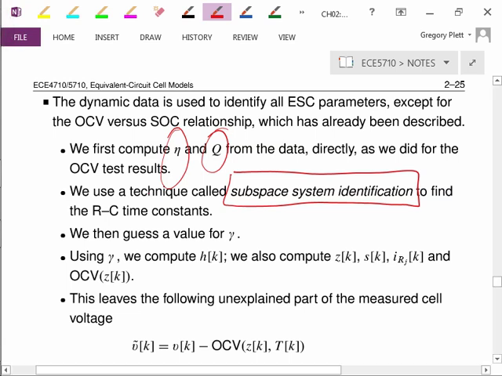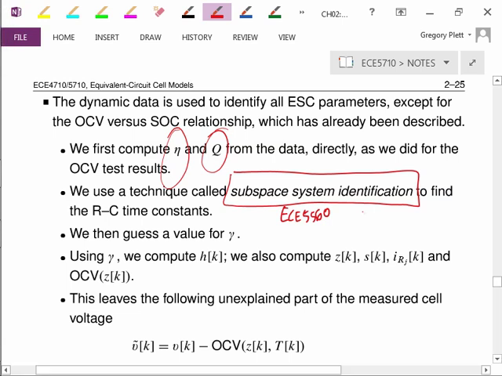Now, this is something that I would really love to be able to develop for you. I do develop it in a course that we teach here, ECE5710, which is called System Identification. Unfortunately, it takes half of that course to develop this method.